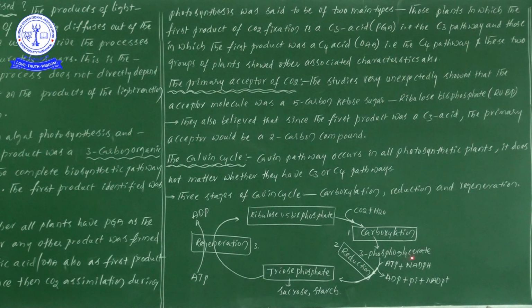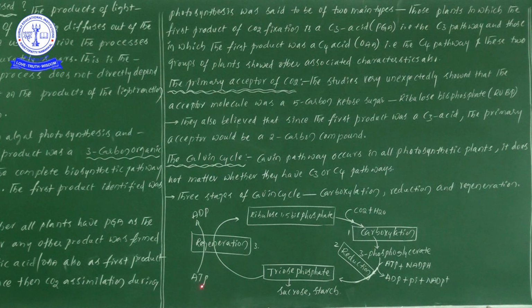Now here the ATP molecules as well as NADPH molecules are going to be utilized in the process of reduction. In the carboxylation process, if you see, there is no utilization of ATP as well as NADPH, but in reduction as well as in regeneration we will notice the utilization of ATP.